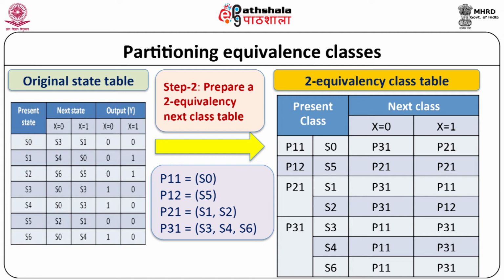It is observed that for x = 0, the next class is P3 for S0 and the next class is P2 for S5. For x = 1, the next class is P2 for both the states S0 and S5. This indicates that P1 has next class partition.